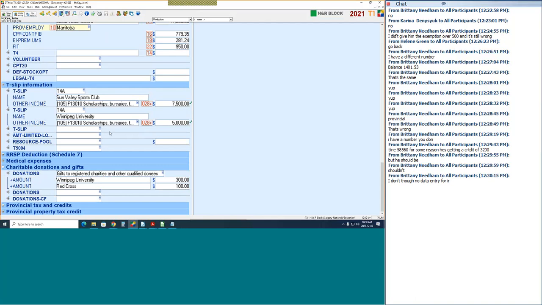If you have no data entry, it's, as far as I know, impossible to make that happen. I'm going to ask you to send me your extract file, if you can, and I will take a look at that one for you. I don't know of any way to get your own tuition amount in without having entered a tuition amount in.